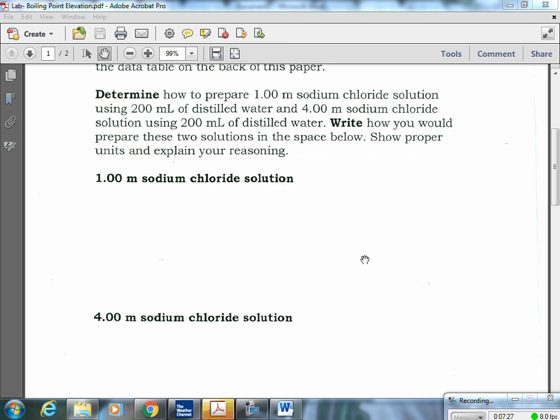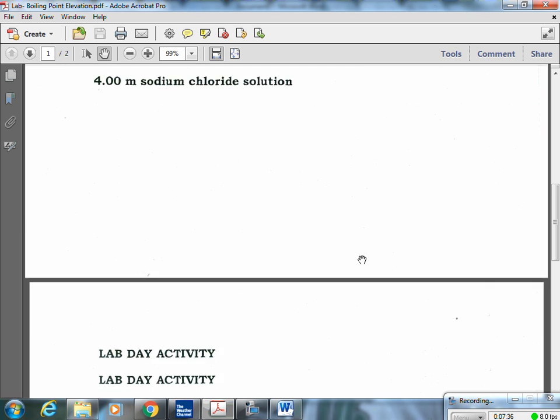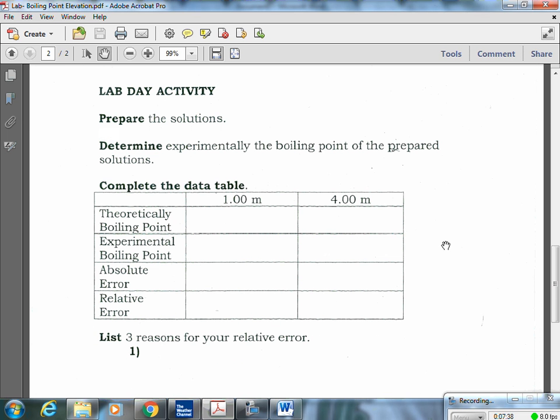What I mean by that is an O-ring on top to hold the beaker in place to make it more secure, and an O-ring to hold the wire gauze. So you're going to boil that. You do not need to use all 200 milliliters. You could say use 100 milliliters. It is not going to change the boiling point, okay?